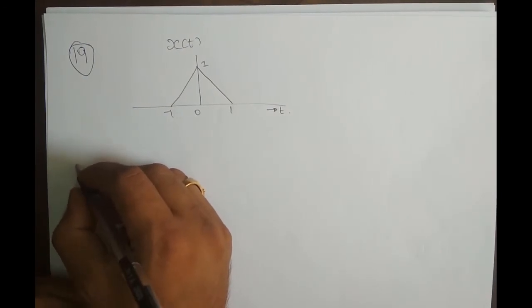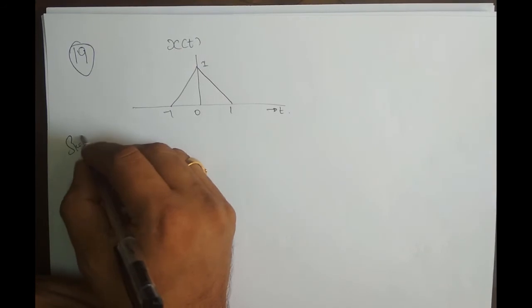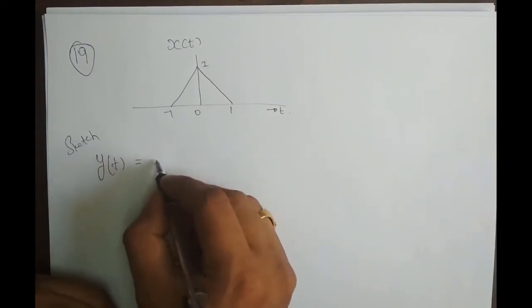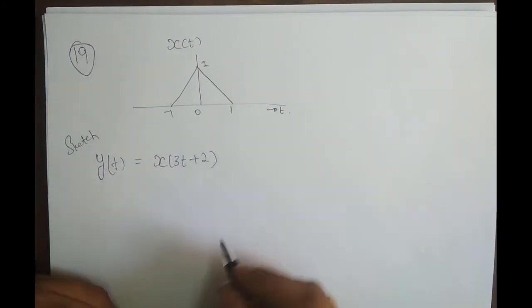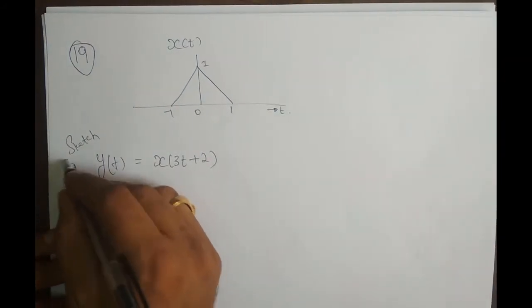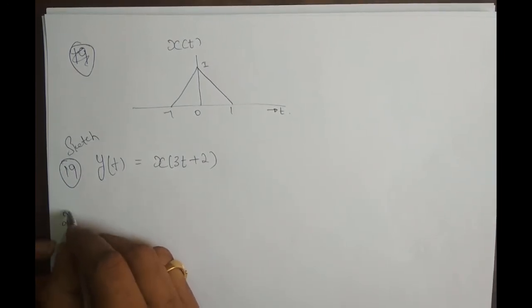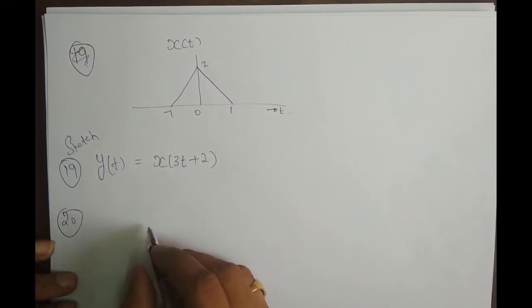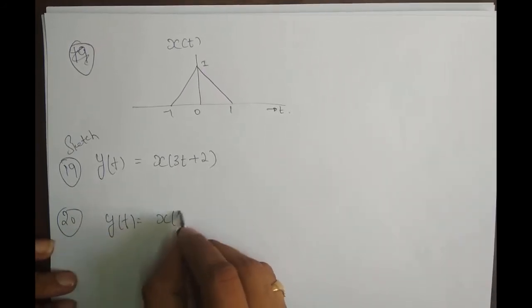So problem number 19: you have to sketch y of t is equal to x of 3t plus 2. Problem number 20: you have to sketch y of t is equal to x of 3t.